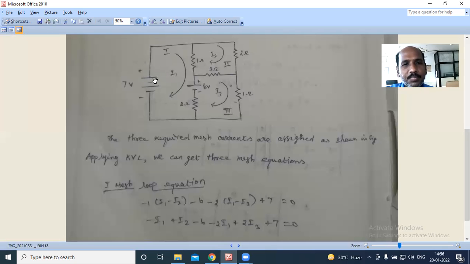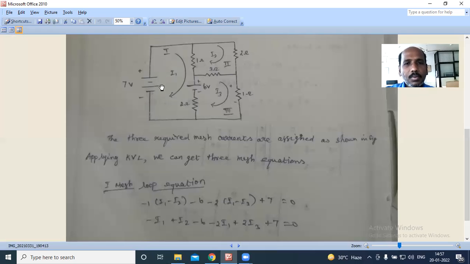As per our assumption, current starts from the positive terminal, flows through the 1 ohm resistor, then the 2 ohm resistor, and finally reaches the negative terminal. So if the current flows from the positive terminal to the negative terminal, we should give a plus sign for that battery. Otherwise, if the current flows from negative to positive, you should give a negative sign.